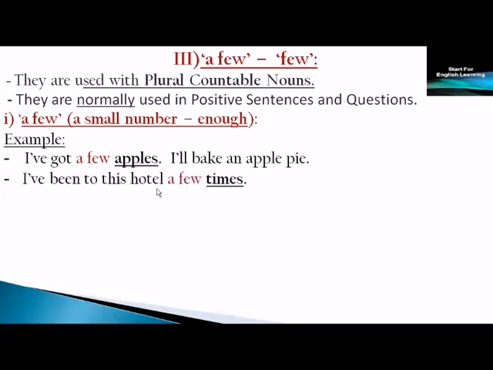I've been to this hotel a few times. Here, times is a plural noun. It is a countable noun. 1 time, 2 times, 3 times. In this context, it is a countable noun. I've been to this hotel a few times.